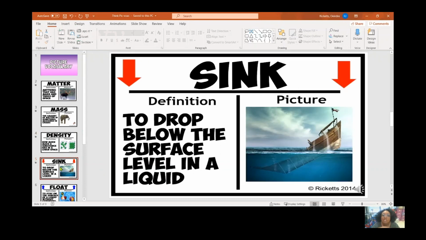But we also need to look at it in terms of sinking and floating, and using that sinking and floating vocabulary with our density definition. So to sink means to drop below the surface level in a liquid. You can see here in the picture that part of the ship, like the Titanic, is sinking. It's below the surface of the water.